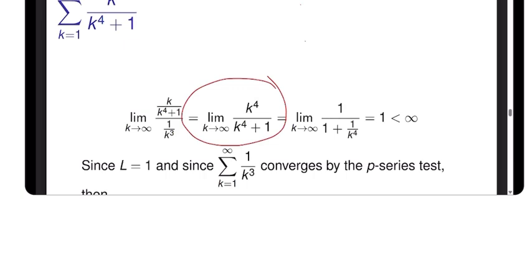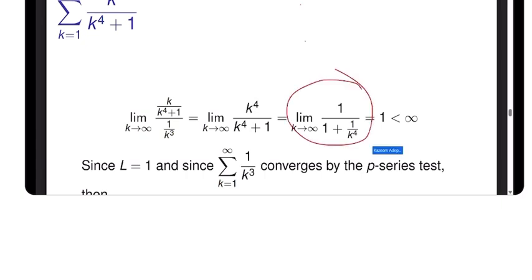This divided by k raised to the power 4, and that divided by k raised to the power 4. All of that. When I divide by k raised to the power 4, I'm going to get this.